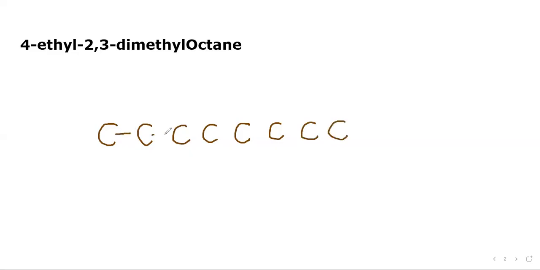So we're going to make sure that we number. So that will be 1, 2, 3, 4, 5, 6, 7, 8. An alkane that has 8 carbon atoms, as I've just emphasized, we call an octane.